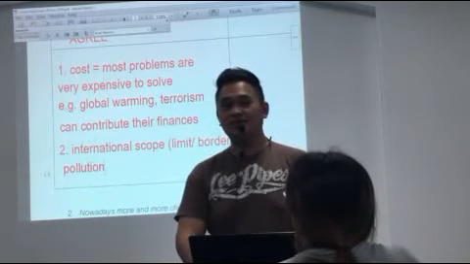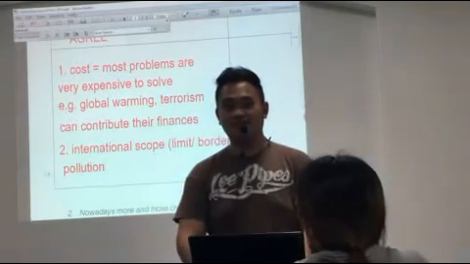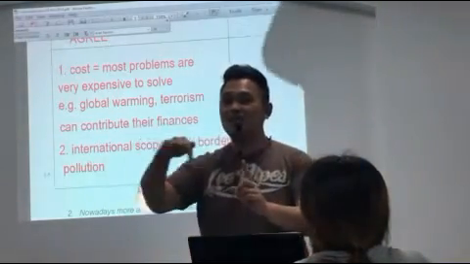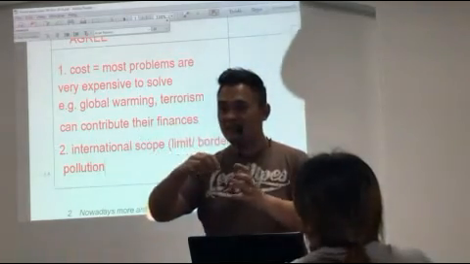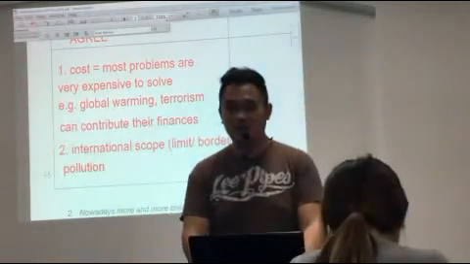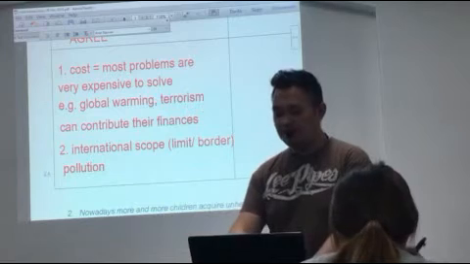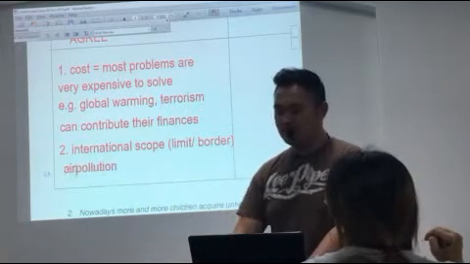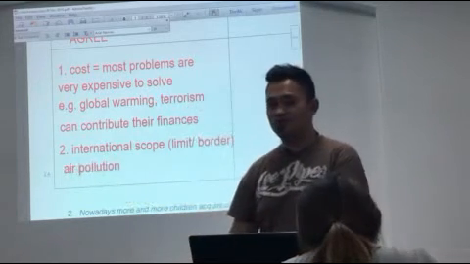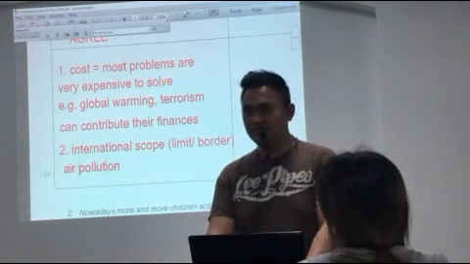For example, Chinese factories have a lot of smoke, isn't it? The problem is not only limited in China. It can go outside China. That means international scope. Everybody say scope. Border. An example is pollution, most especially air pollution. That's why countries need to help each other.